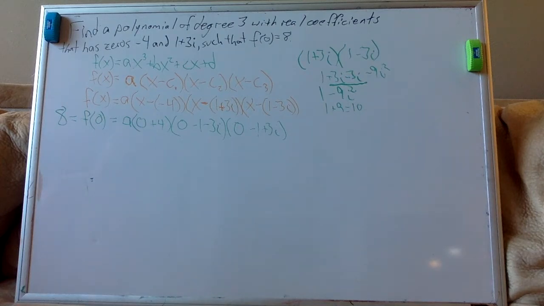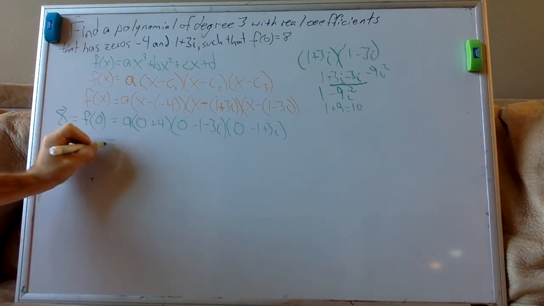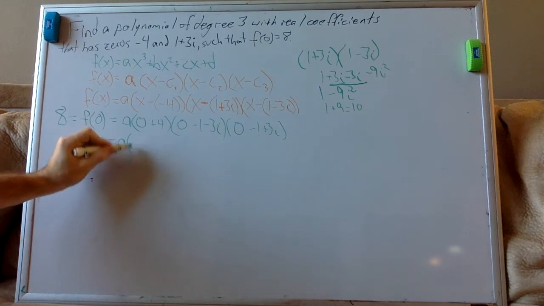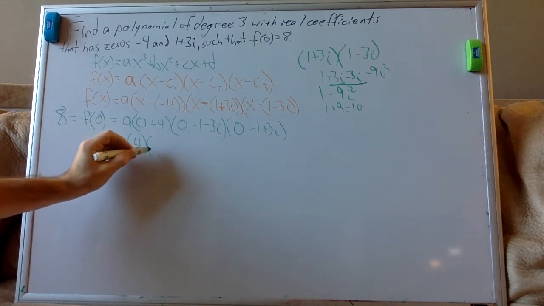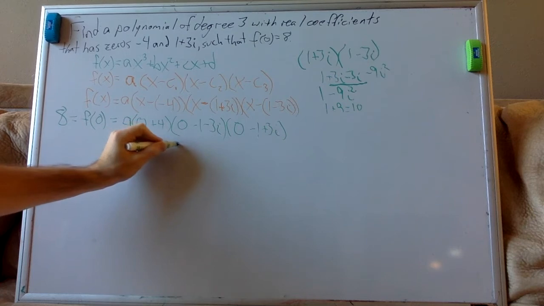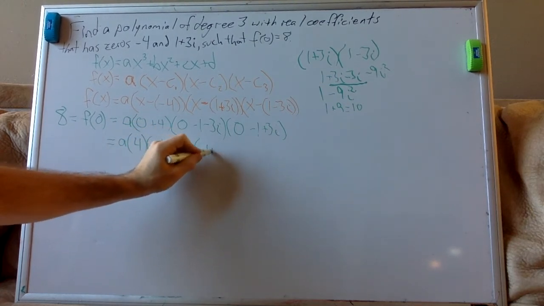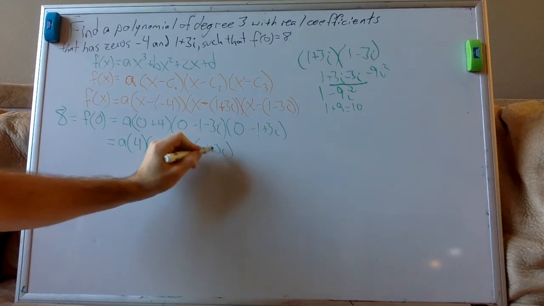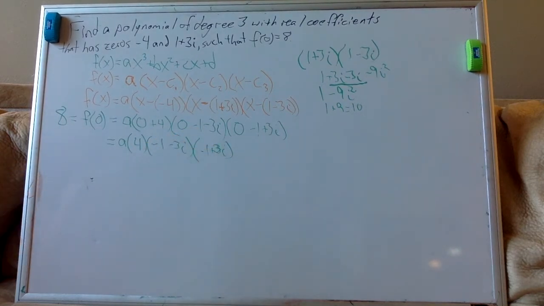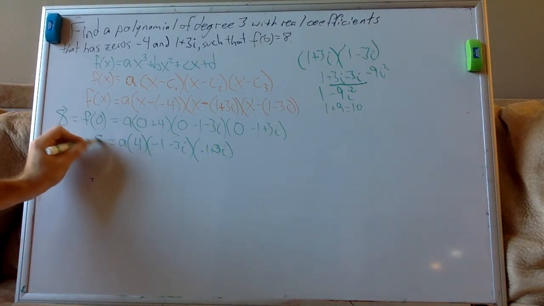And we can simplify a bit now. So I have a times 4 times -1 minus 3i, -1 plus 3i, and then of course this is 8.